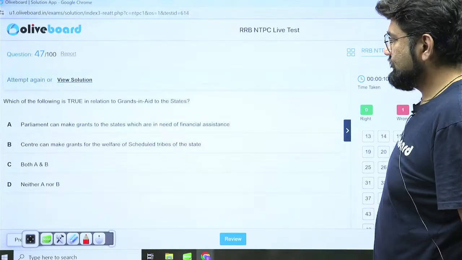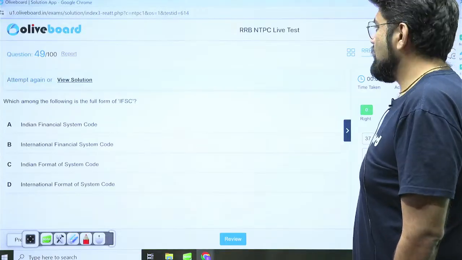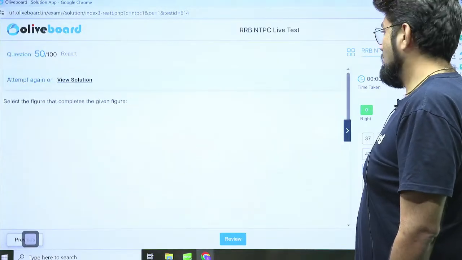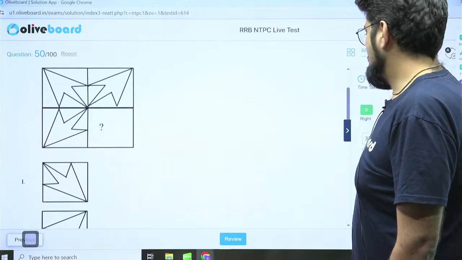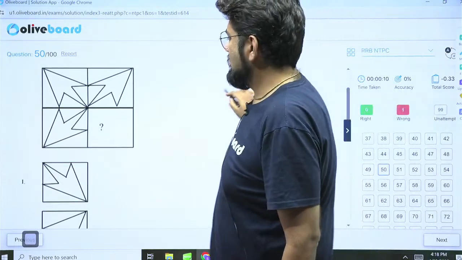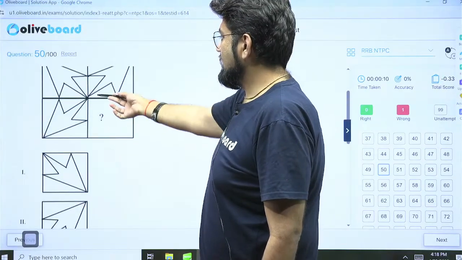47, 48, partnership 49, IFSC. Okay. Pattern completion. Again, a very easy question. Which will complete the pattern? Oh my god. This is figure 1. Clear cut figure 1.